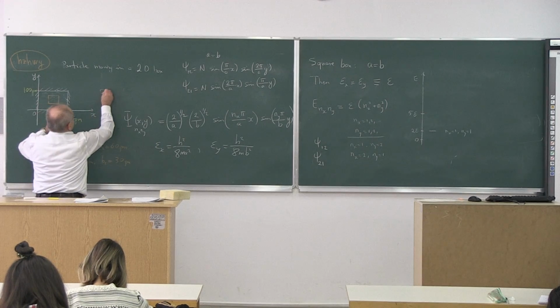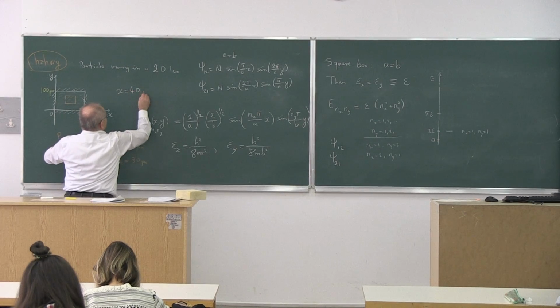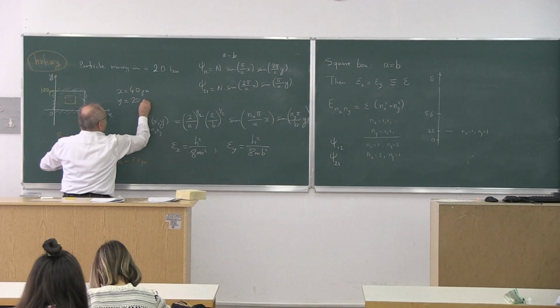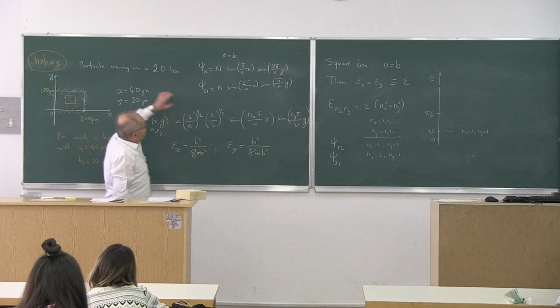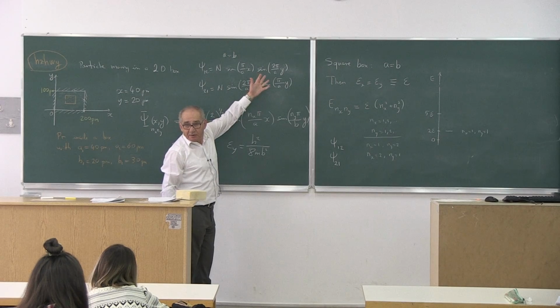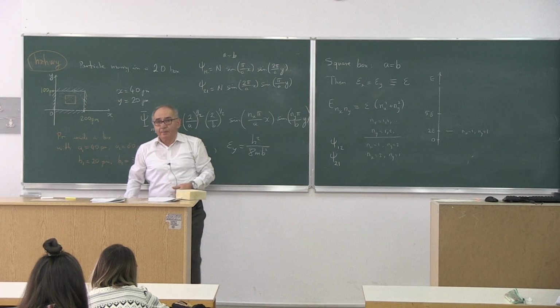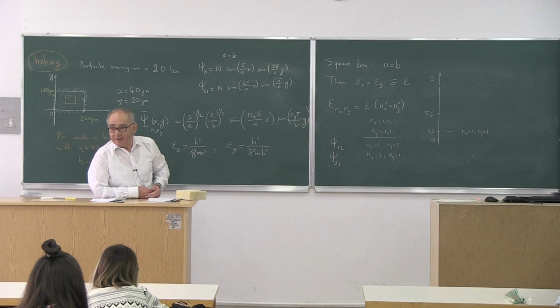Say for this problem, select x equals 40 picometers, y equals 20 picometers, for example. Use these numbers in this expression for x and for y. Calculate it. Repeat the calculation with the other expression. Are you going to obtain the same numbers? No. All right? Therefore, these two functions are different.